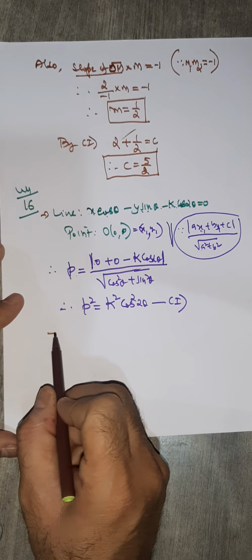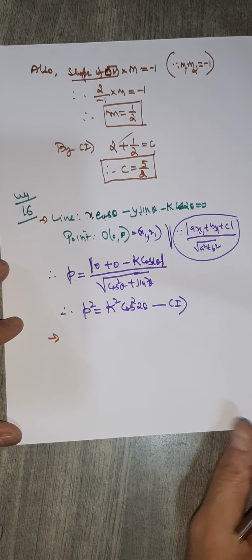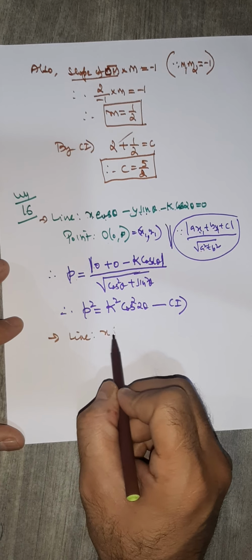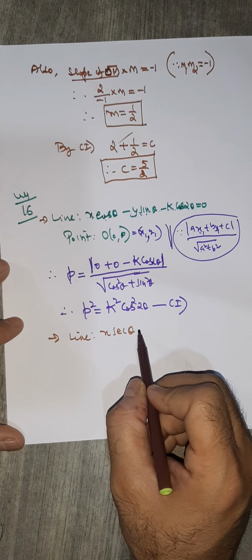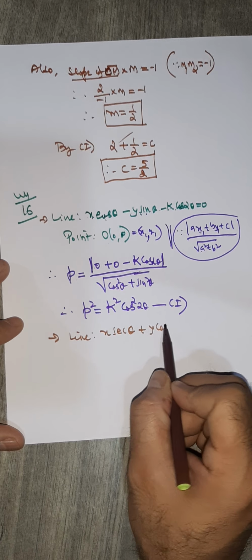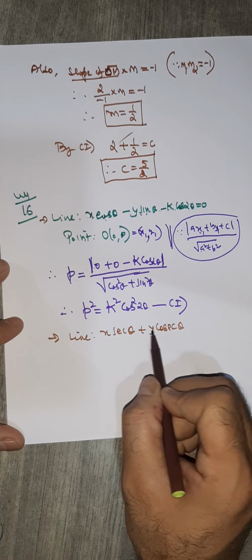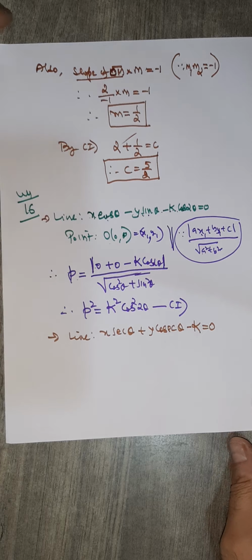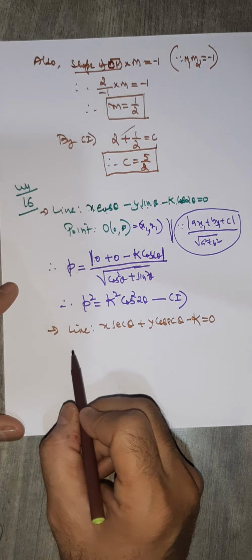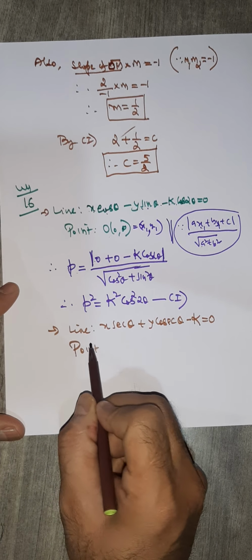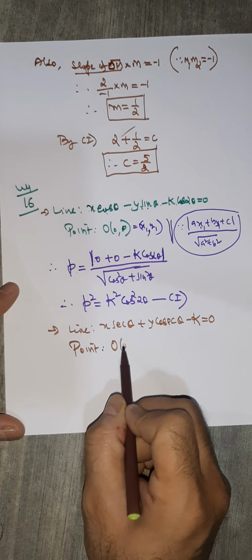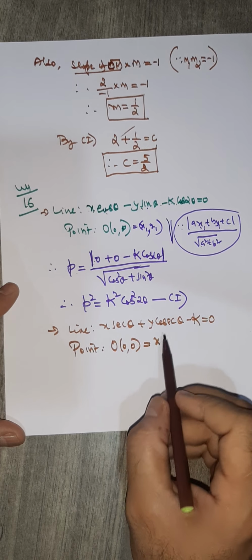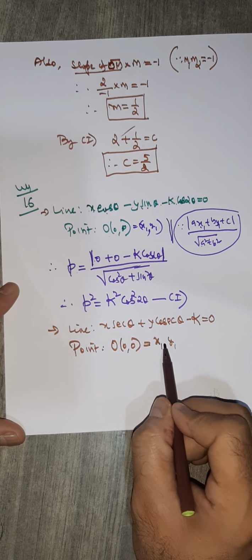Now for the other one, which line are you given? There the line is x sec theta, so this is like ax, y cosec theta, this is like by, plus c equals 0. Okay, and which point are you given? The point is here 0, 0, so x1, y1, same as you did there.